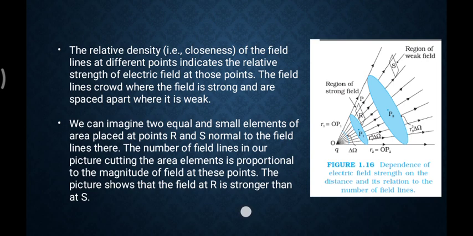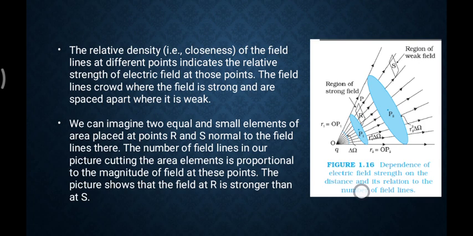As you can see here, the R area and S area are both one rectangle. Think of it as one card of this size. Once you put this card at the R position, and the second time at the S position. The R position is nearer to the charge, and the S position is a little farther from the charge. When the card is at R, near the point charge, a finite number of field lines pass through the card area.